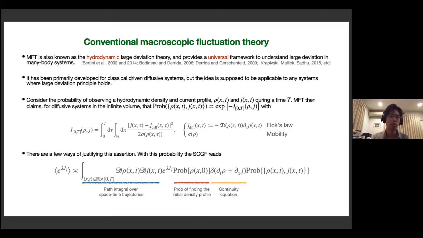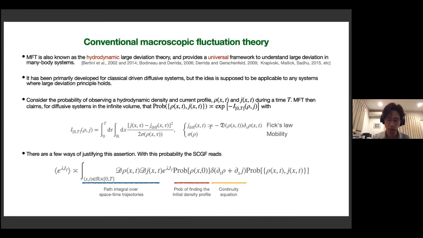MFT then claims that for diffusive systems in infinite volume, of course you can think of some finite volume case, but in the infinite volume case here, the probability of observing these profiles should go like this with this large deviation function provided like this, where J_diff is fixed by the law.